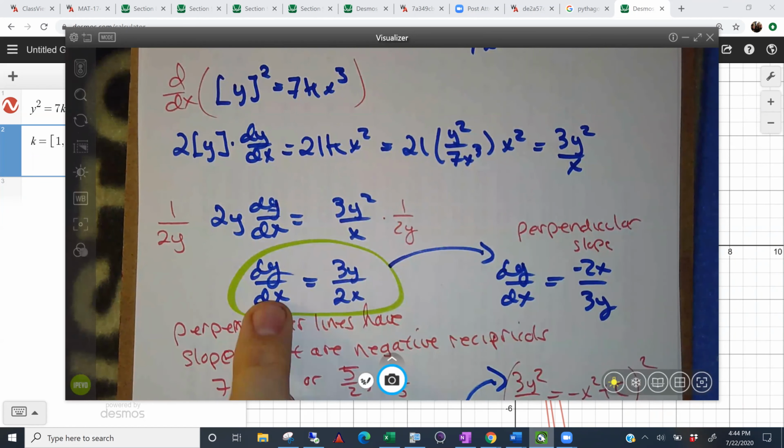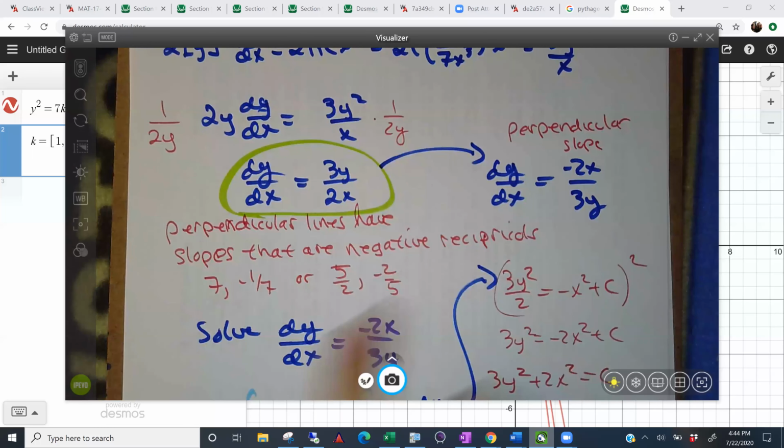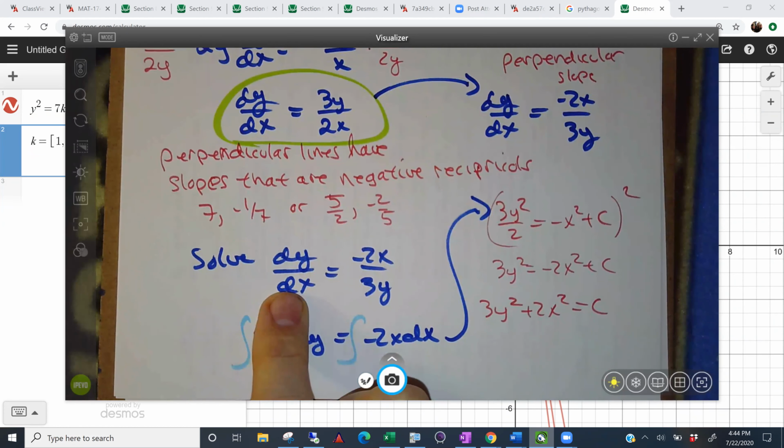Once I found the slope of the tangent line, your set of orthogonal trajectories are going to be things that are perpendicular to this. So to get a perpendicular slope, you need to take the negative and the reciprocal. Both of those, which you did. Once we had the negative reciprocal, that gave us a decent equation to solve.